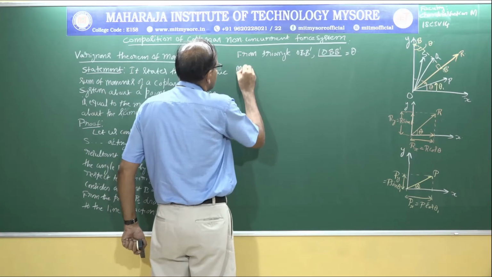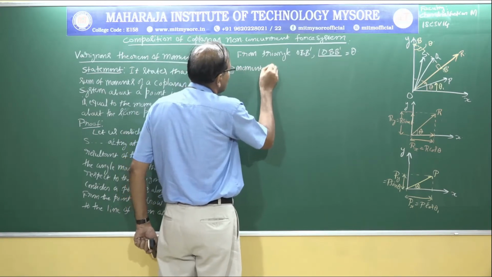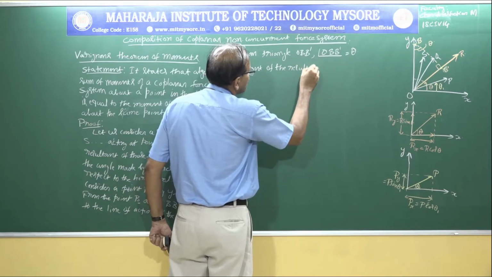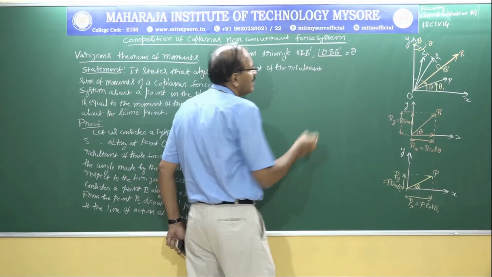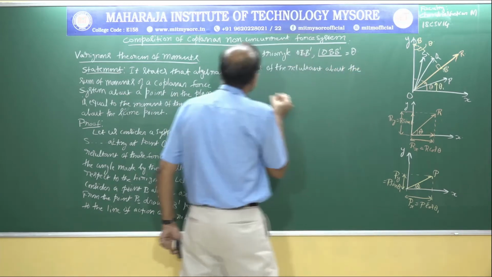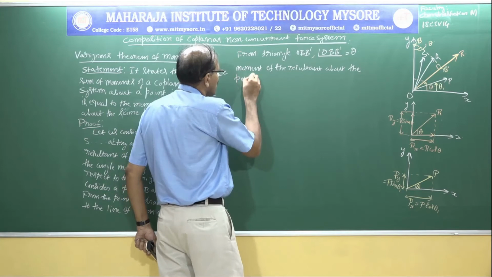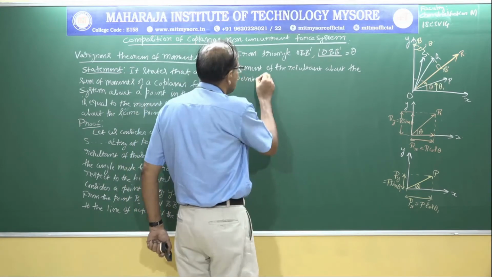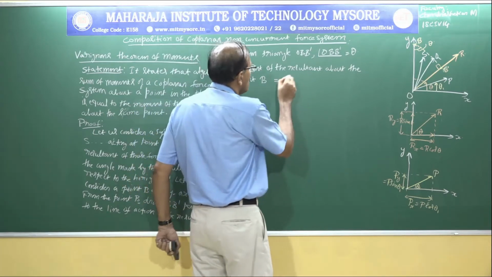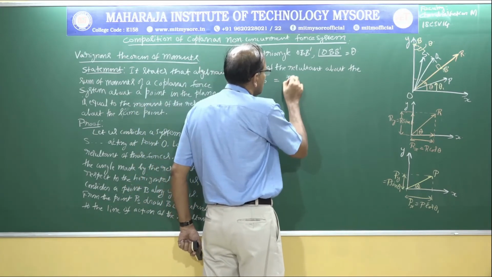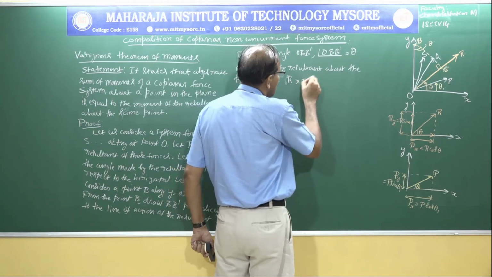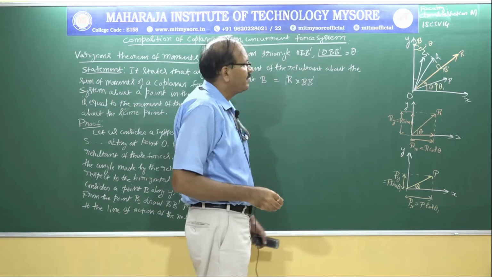So, the moment of the resultant about the point B equals the force R and the perpendicular distance, which is BB dash.